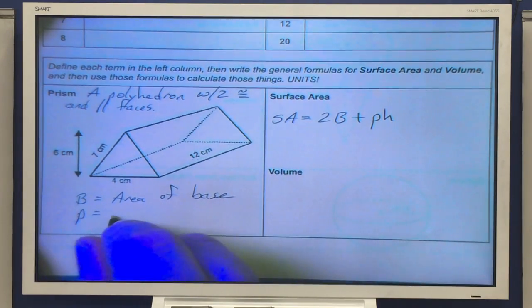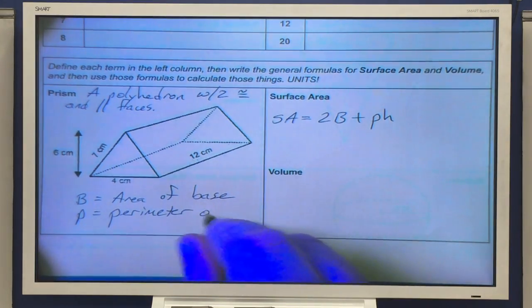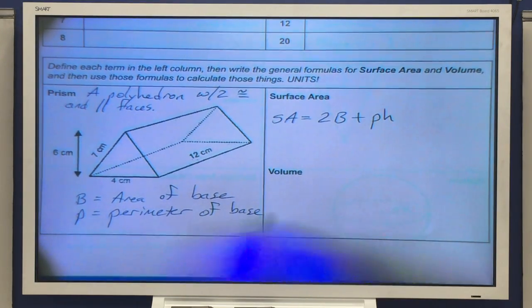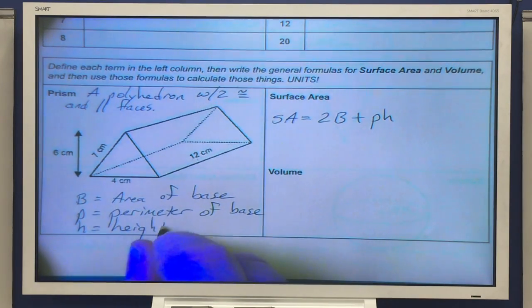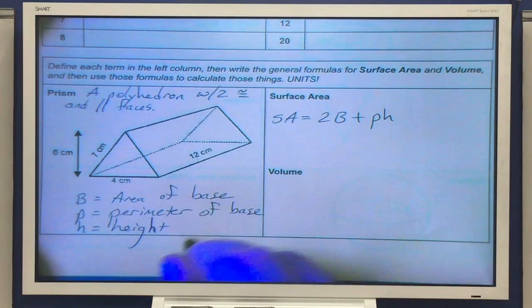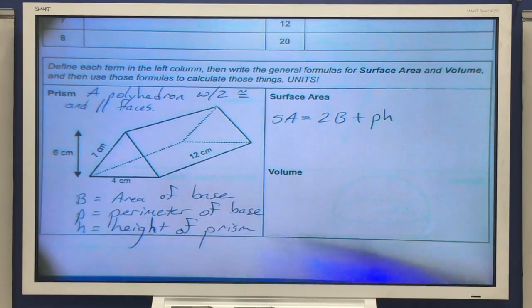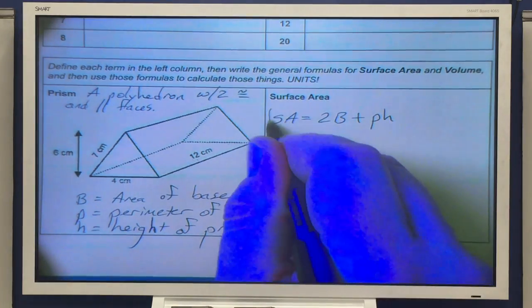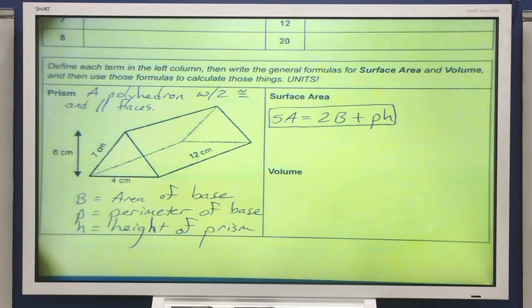P is the perimeter of the base. And H is the height of the prism. Just so you understand these formulas and how we're using them.